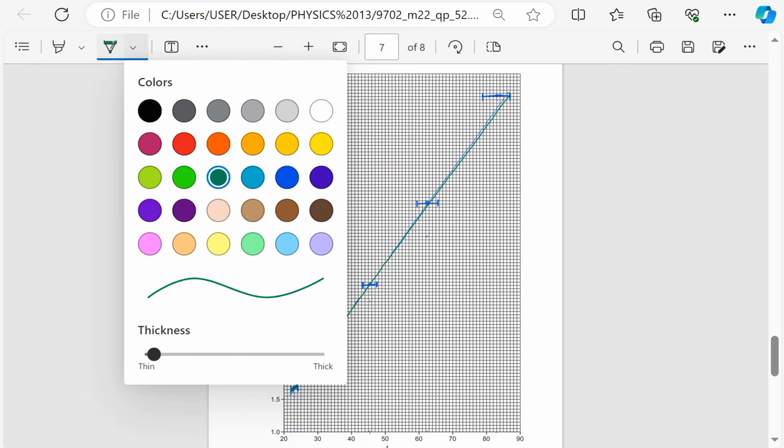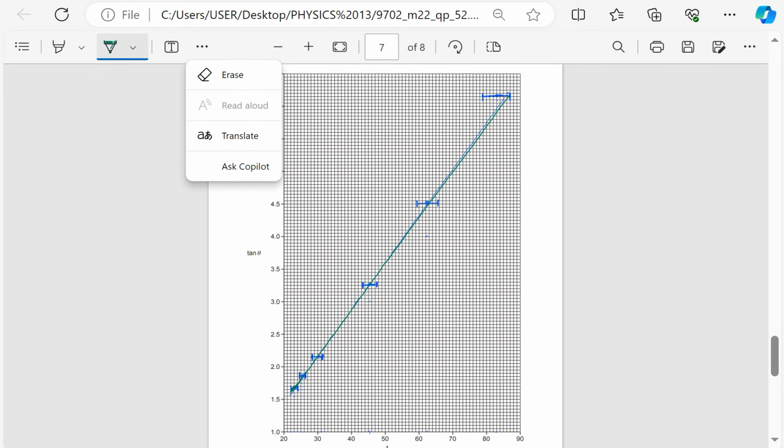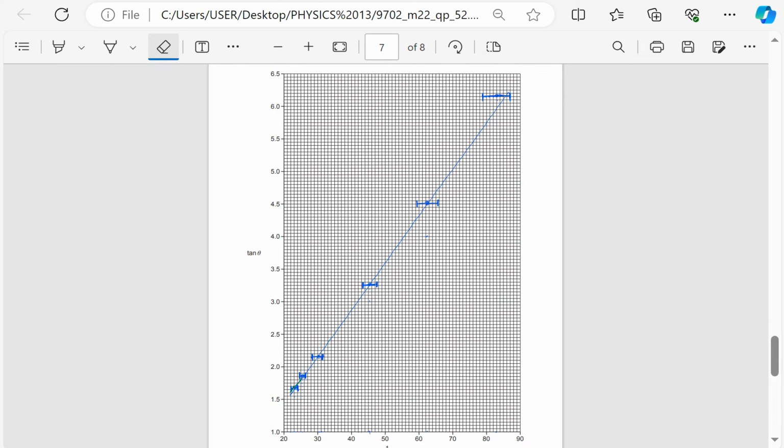But I have to repeat this. Okay, so I try to join the right hand side of the top error bar to the left hand side of the bottom error bar, and also ensure that all the error bars are being crossed.